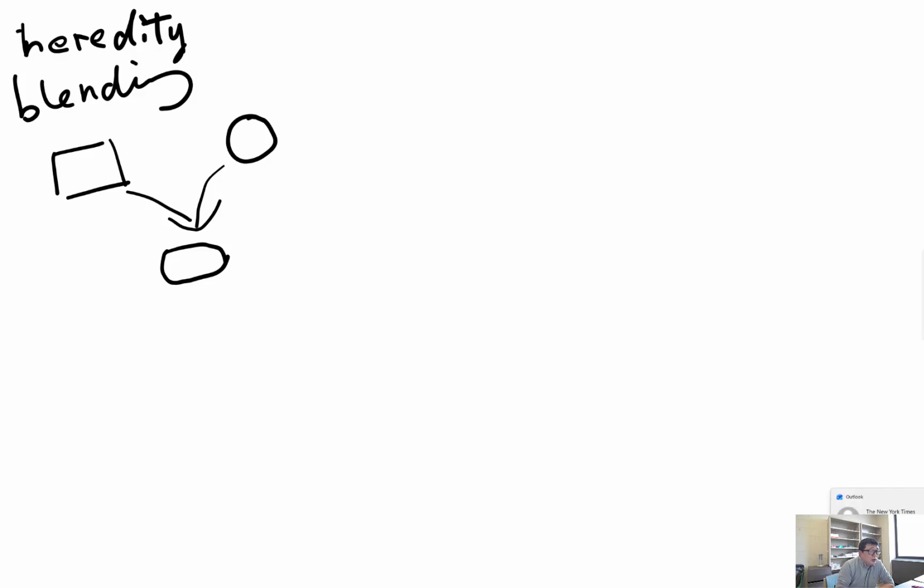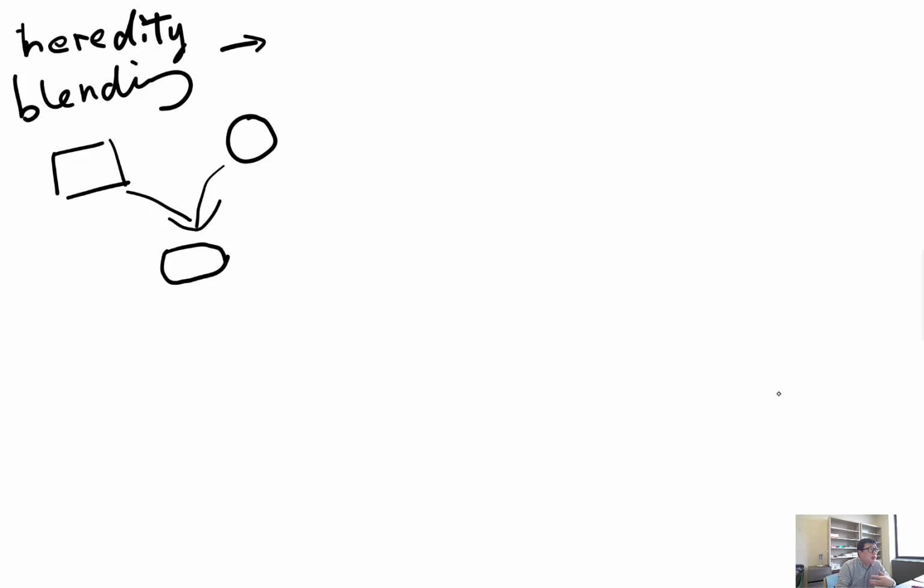To explain this blending heredity, people at the beginning believed that there must be some matter passed from the mother and the father to the kids.